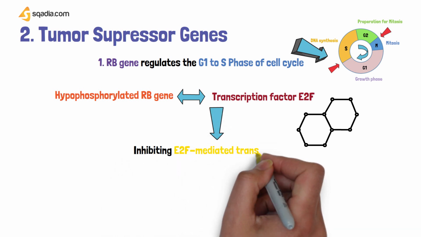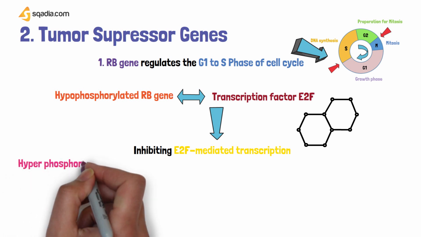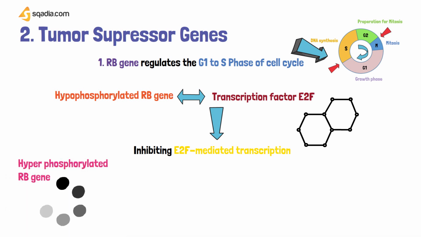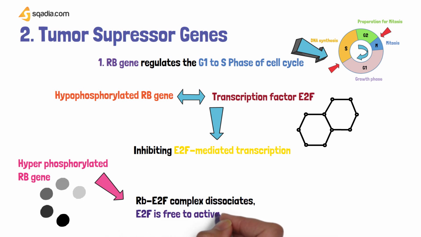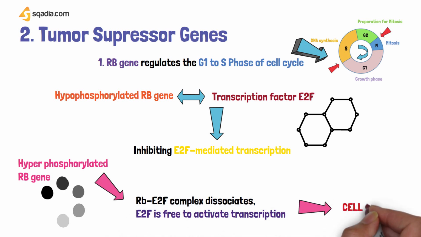Transcription is basically a step which occurs in cell division. Now, if there is a mutation in the RB gene, it is going to convert into a hyperphosphorylated RB gene. When this occurs, the E2F RB complex is going to dissociate. This is going to activate the transcription and eventually lead to cell proliferation.